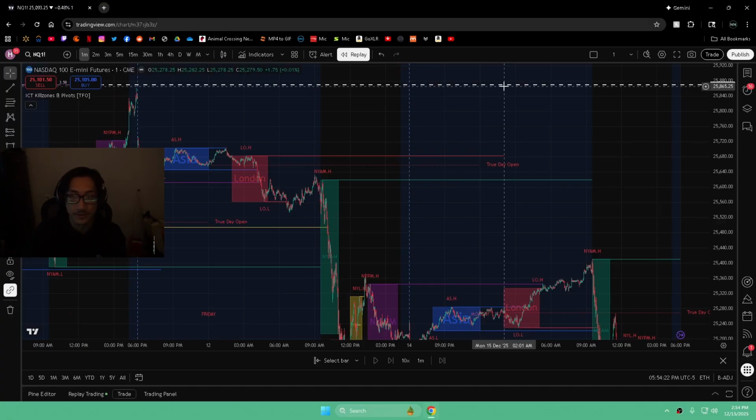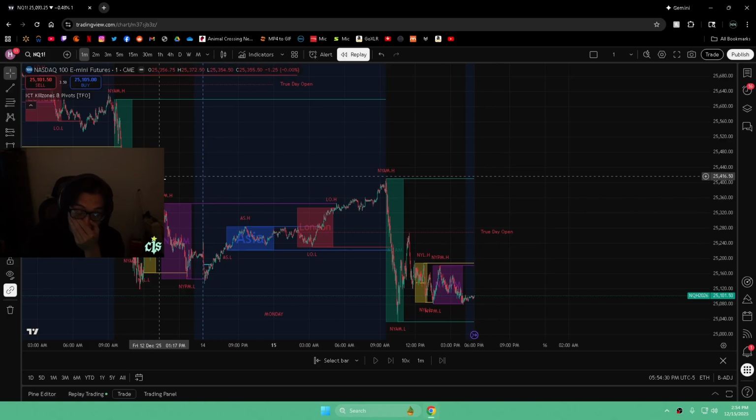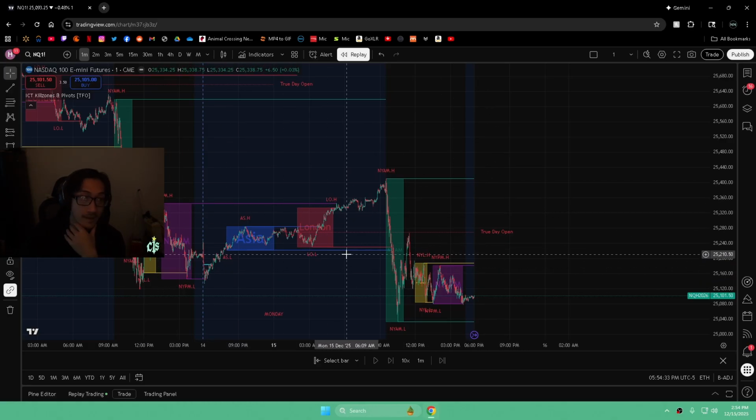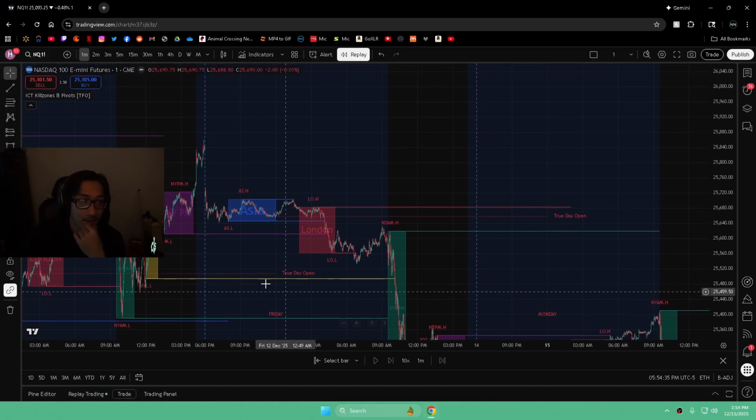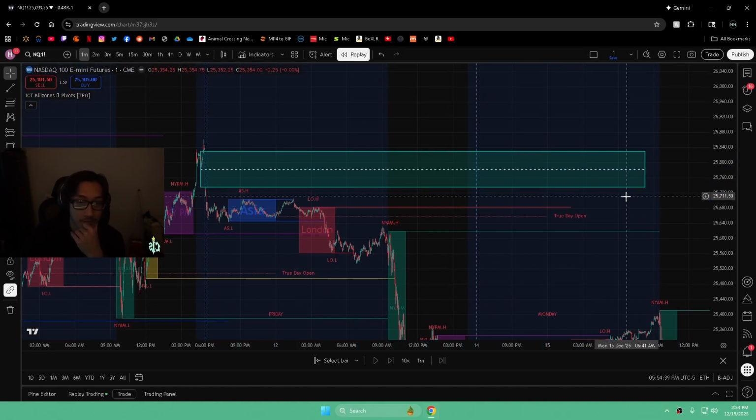So, should be set to trade. Just understand that just because we're moving lower, we have imbalances that need to be filled.